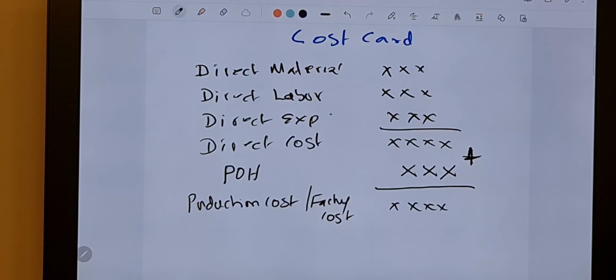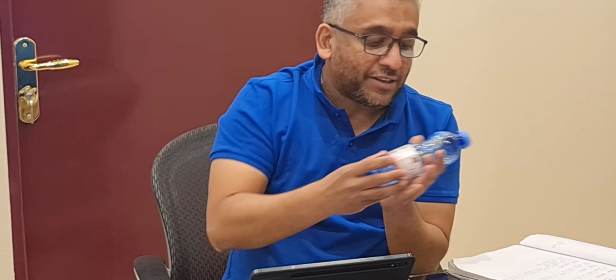We have 3 different techniques for how you add that to the final product or services, based on your volume, your activity and your situation. So in addition to your direct cost, you will add one portion of the production related cost into this basket. Therefore, when the product comes out from the factory, it has a cost, which we call factory cost.